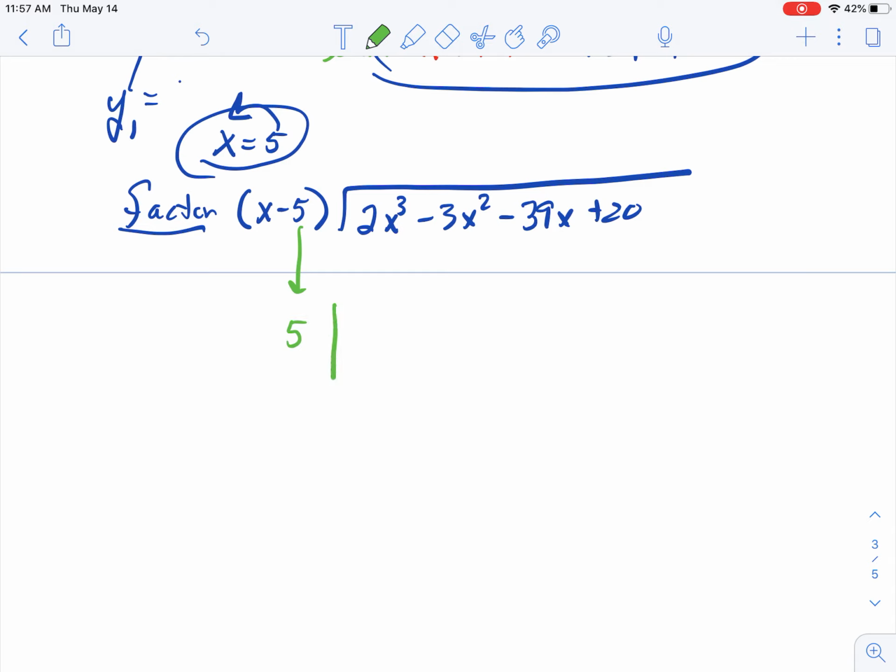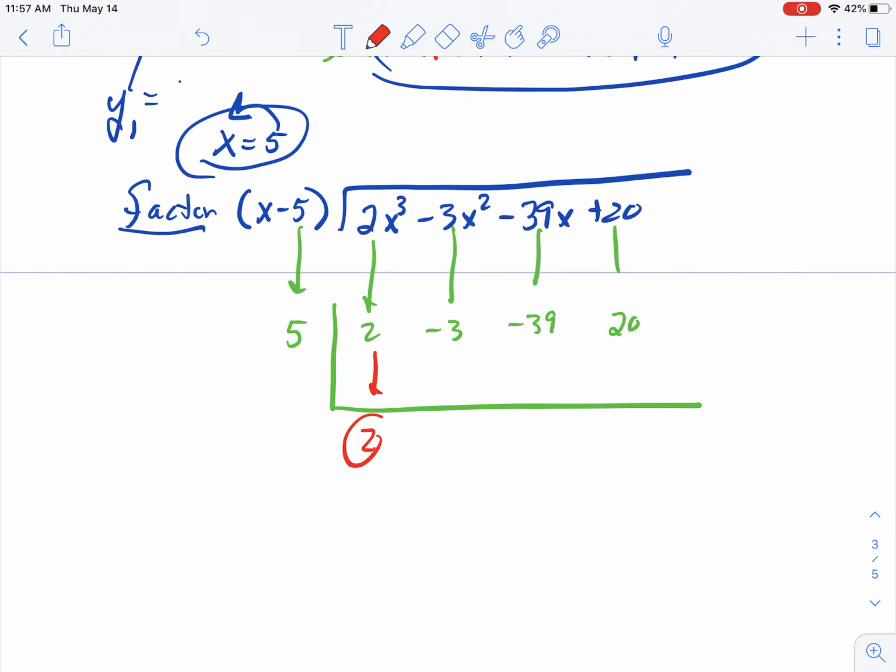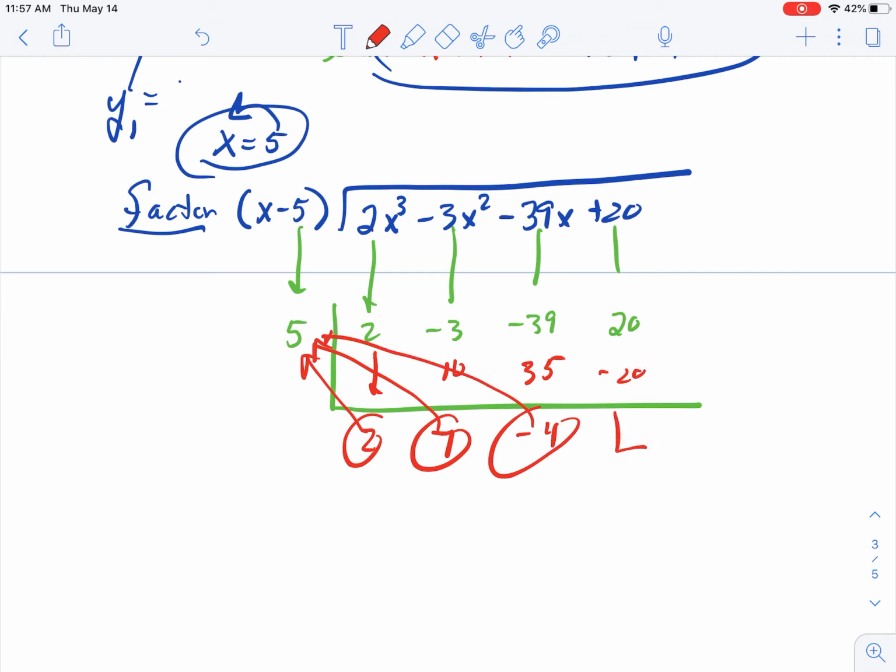All right. So let's go set it up, change your signs. So you have 2, -3, -39, and 20. And begin. 2, 10, is 7. 35, which is -4.